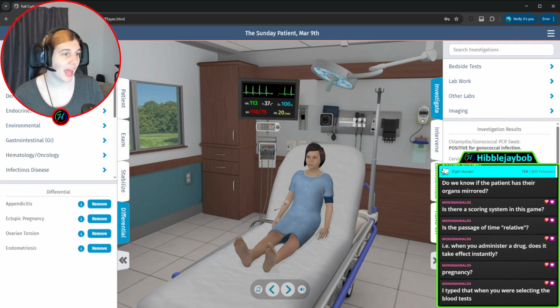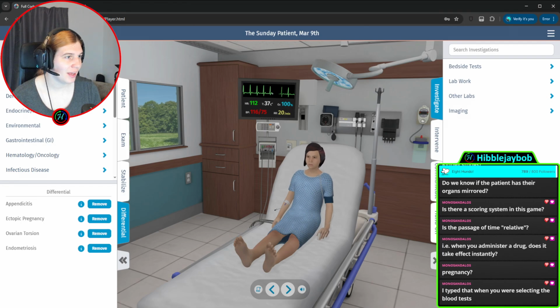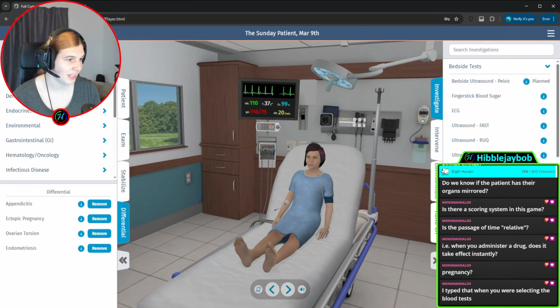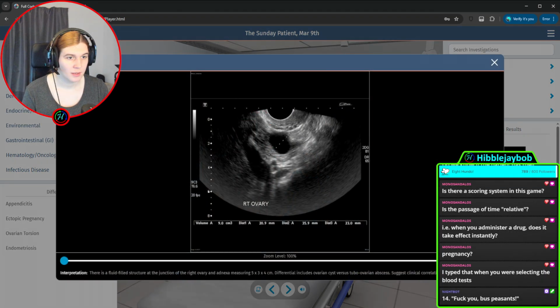So we definitely have some reproductive things going on. Let's do an ultrasound of the pelvis and see what it is that we're working with here.